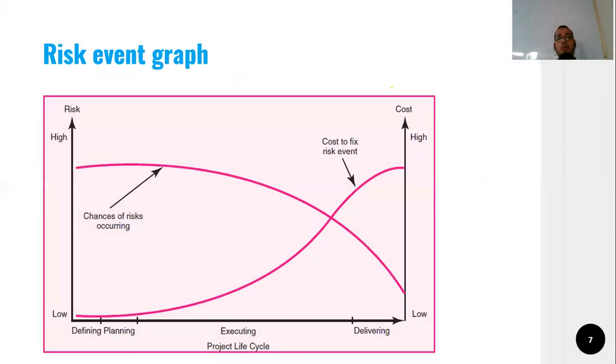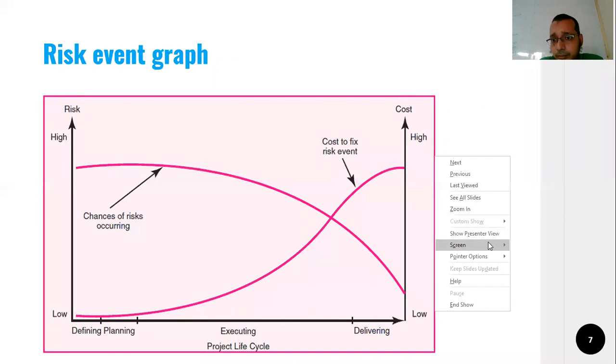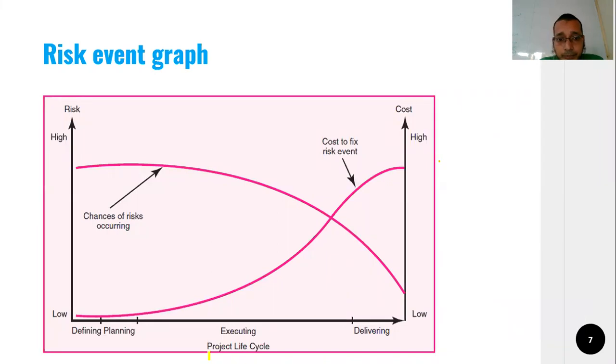Risk management. So when we talk about the risk event graph, you see the pointer. This is the risk, this is a 3D graph. This is the cost, and this is the project life cycle.